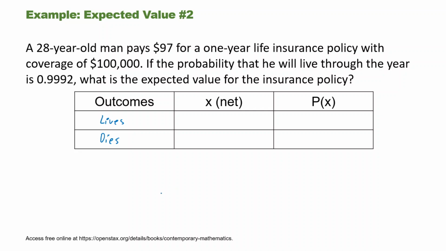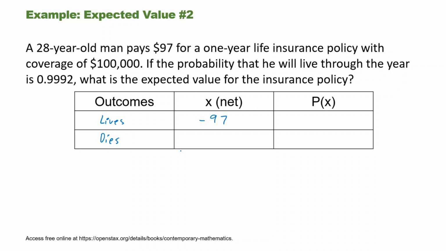Now, let's assign numerical values to these. So if he lives through the year, then he doesn't use the insurance policy, which means he has lost $97 in the event that he has lived. He's paid $97 and has not gotten any return on that.